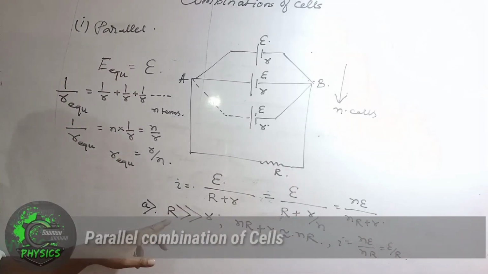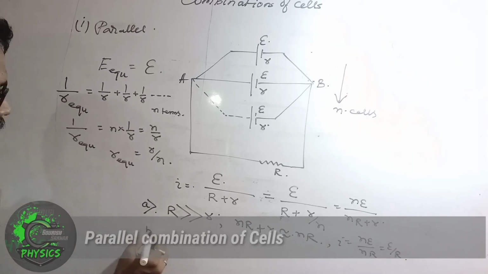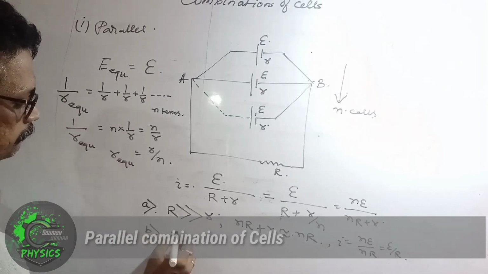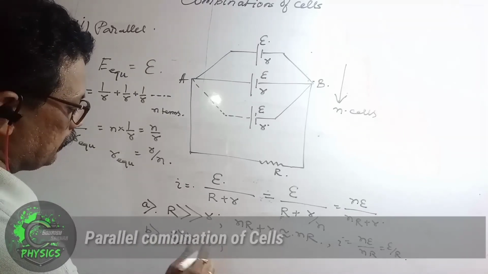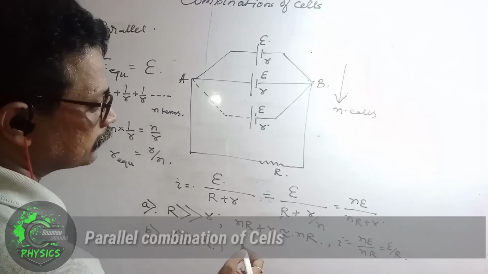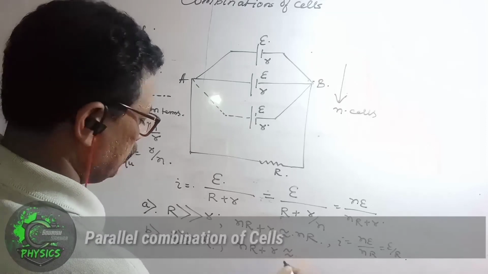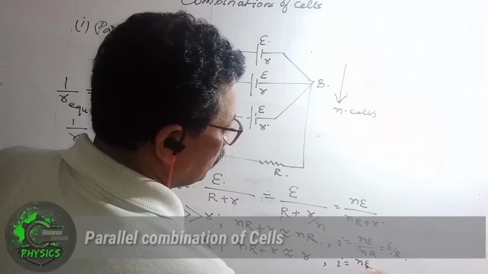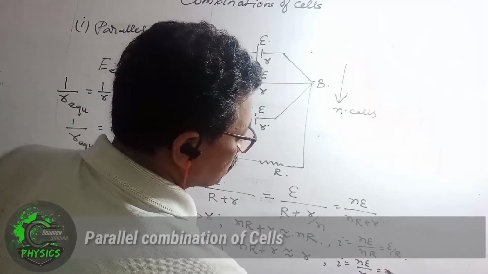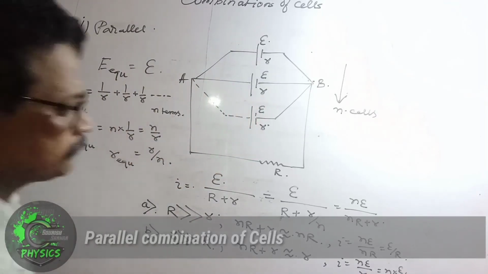But when capital R was greater than small r, this was the case of advantage in series combination. Now the second case, if small r is very much larger than capital R, in that case nR plus small r is nearly equal to small r. So what is current I? It is nE divided by r, that is n times E by small r.